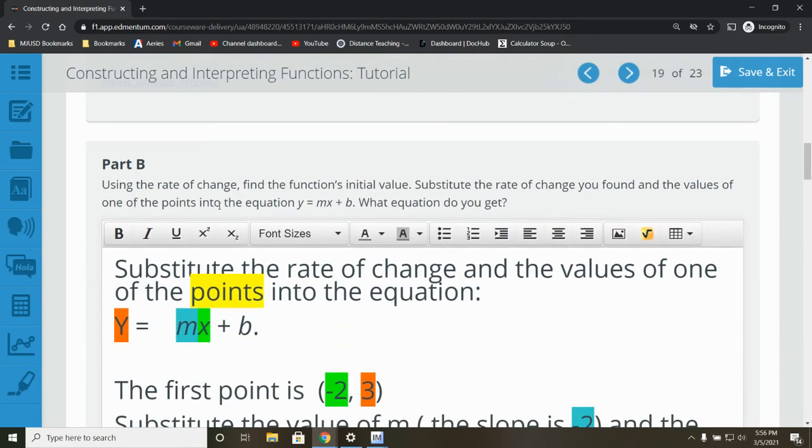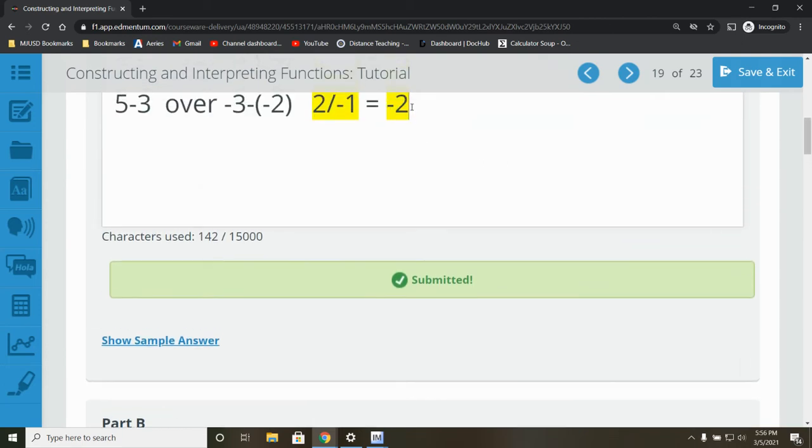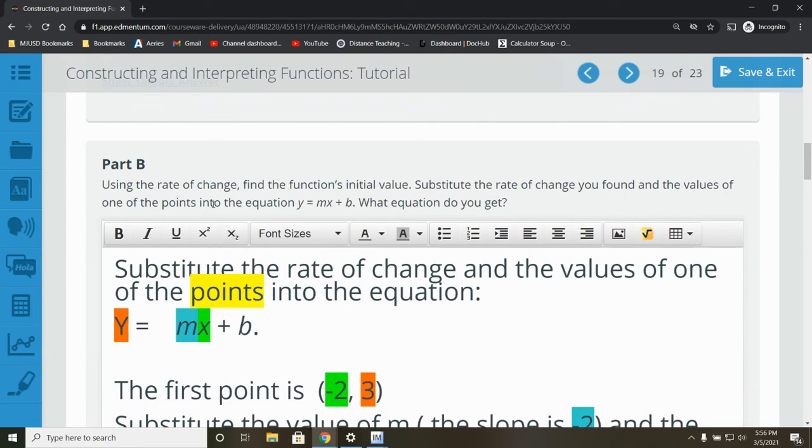Part B, using the rate of change, which is -2, find the function's initial value. That's where b is. Remember, I can't use b for battery life because b is the initial value.